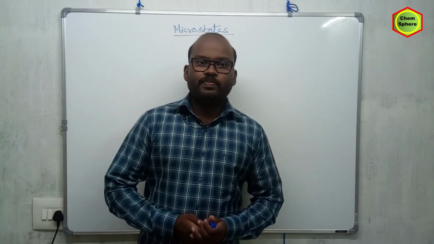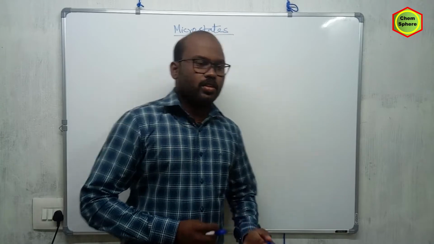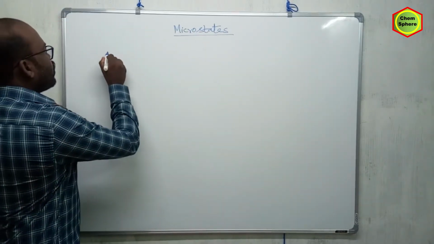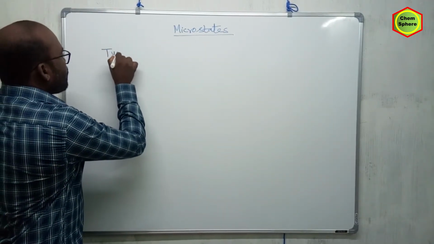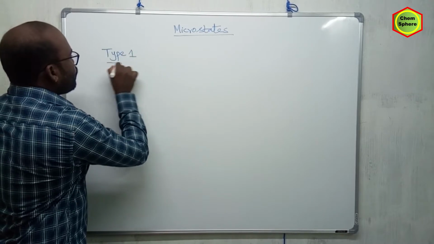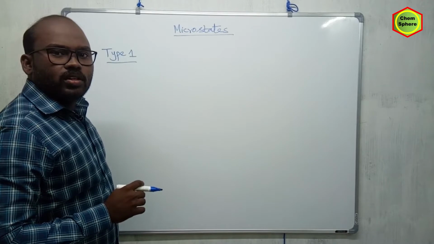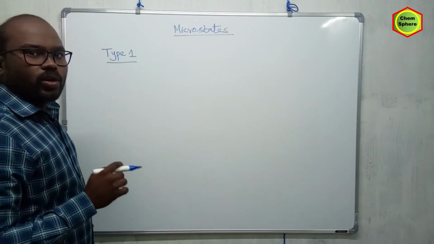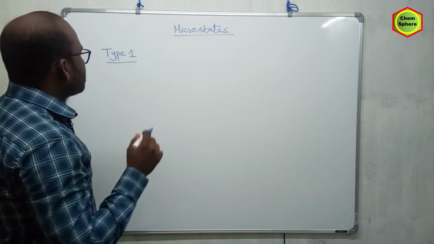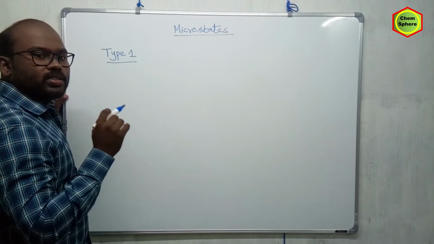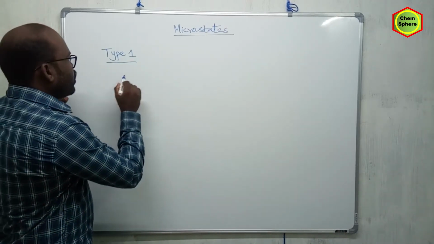The first method, there are 5 types. Type 1: when the electronic configuration is given, how to calculate total number of microstates. This is type 1, the simple method.